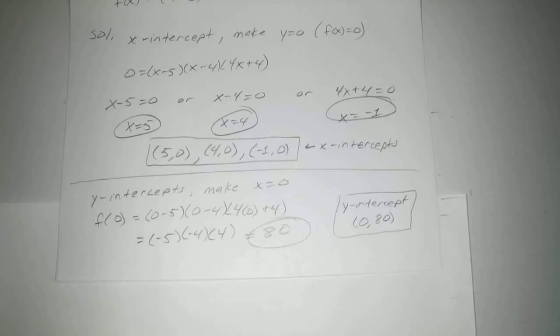Okay, so the reason we review that is because sometimes you'll see them say, find the zeros of this function. So when they say find the zeros, it just means find the x-intercept.